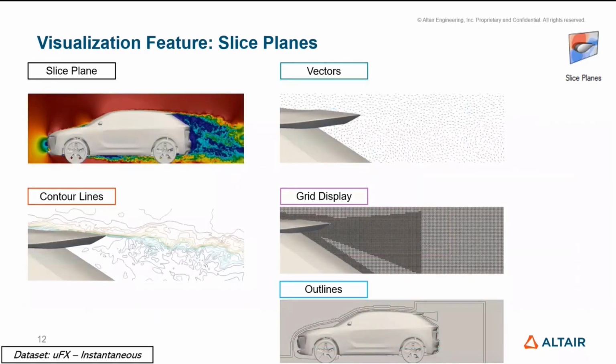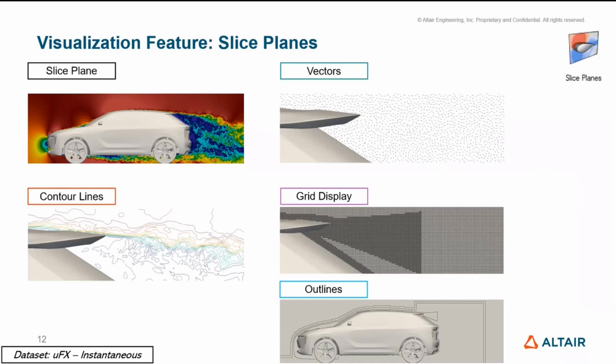Here's what each of those individual items looks like. We already saw the slice plane, but we can also plot contour lines with a user-specified number of intervals between those contours. We can also plot vectors in that slice plane, and these can be projected vectors. We can remove one of the components of velocity if the user would like, or we can use the tangential to see the in and out of plane vector if you're interested in what your crossflow behavior was.